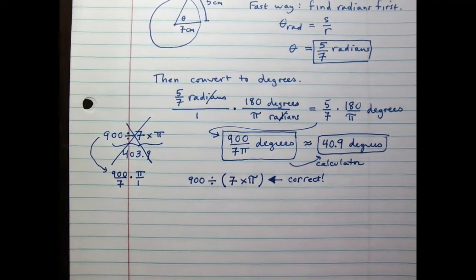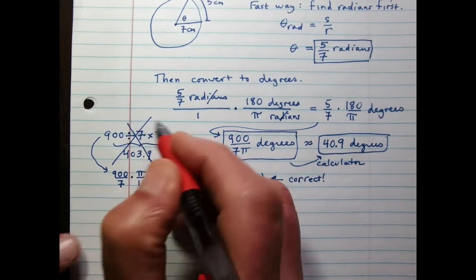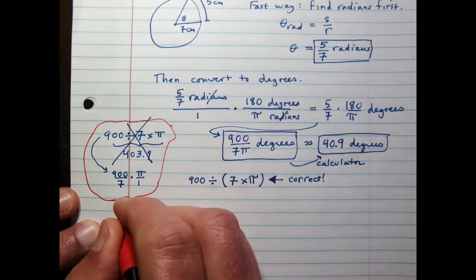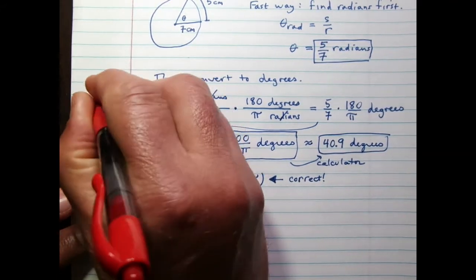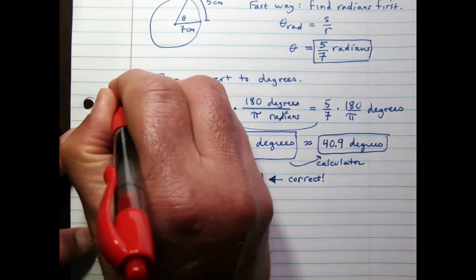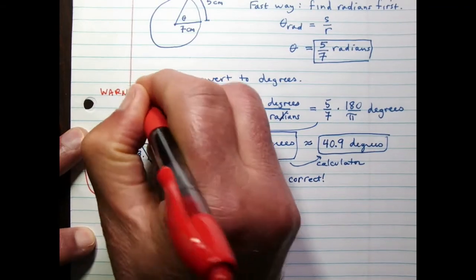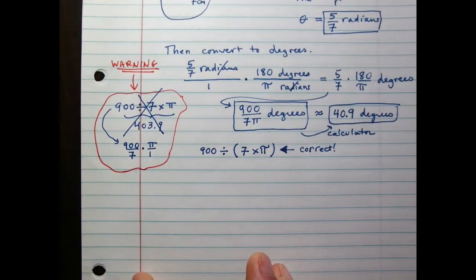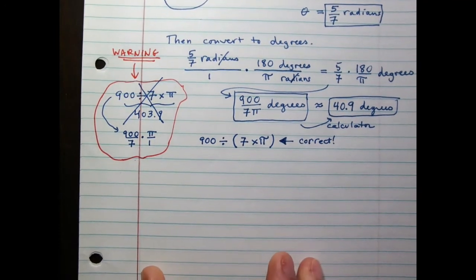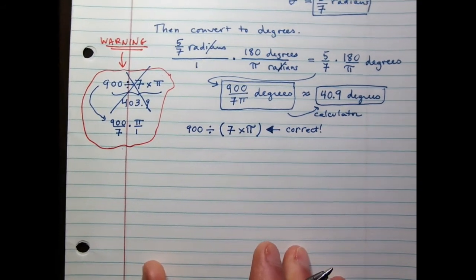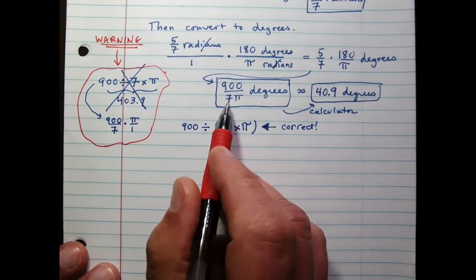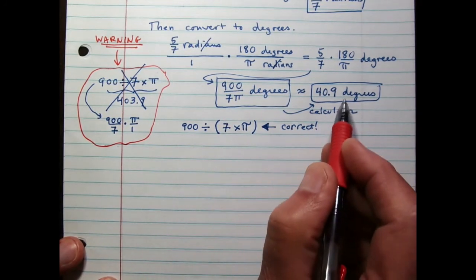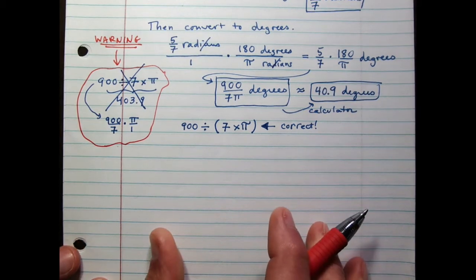So watch out for this calculator error, which is very common. I see a lot of students making it. They're not using their calculator properly to get the value that we want. When you have a complicated denominator, learn to use parentheses on your calculator to get the correct decimal value.